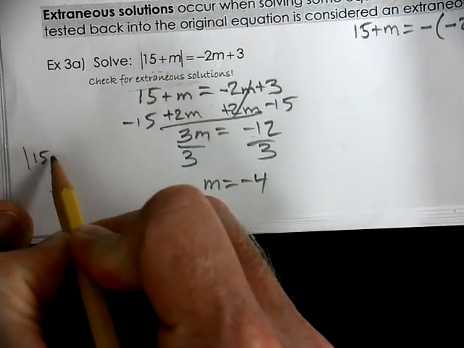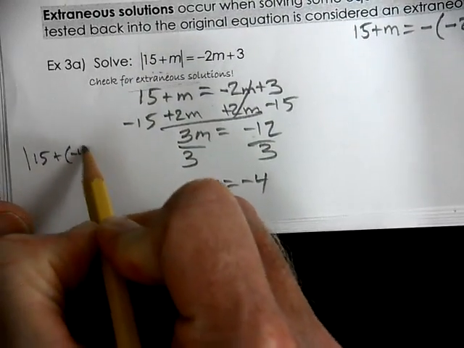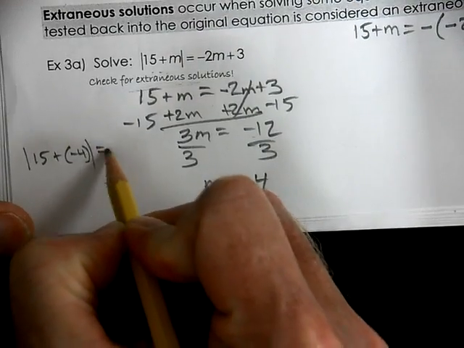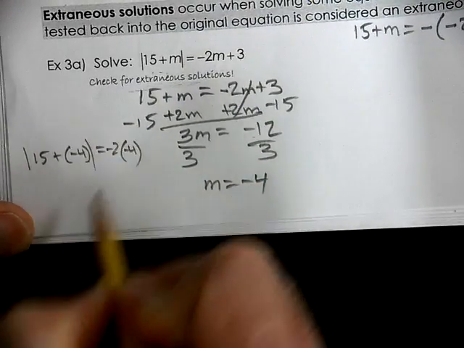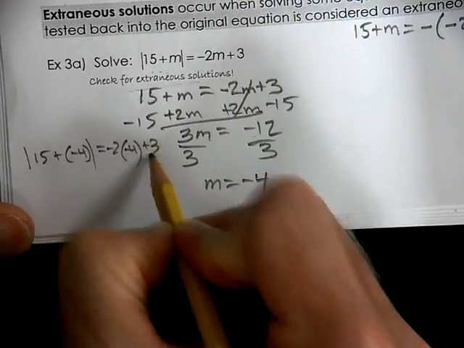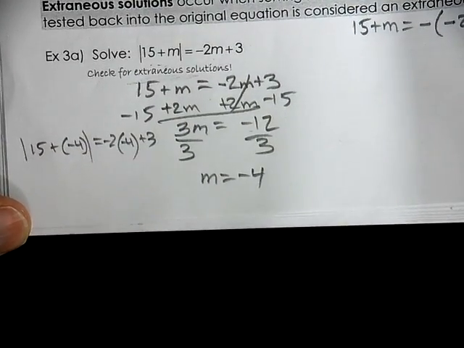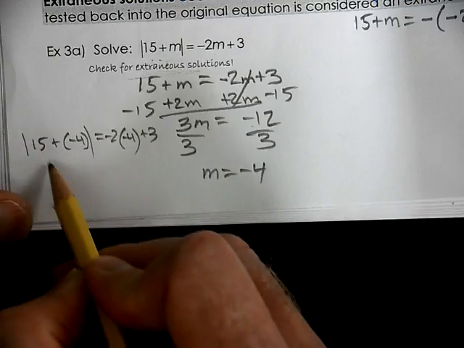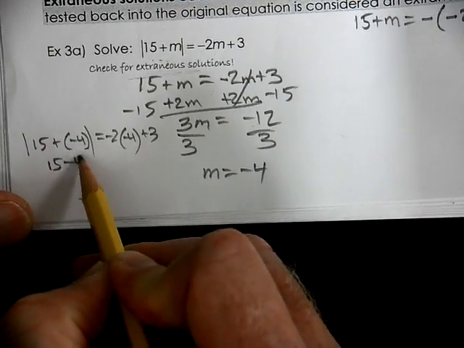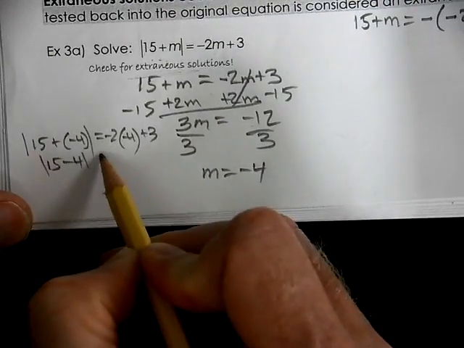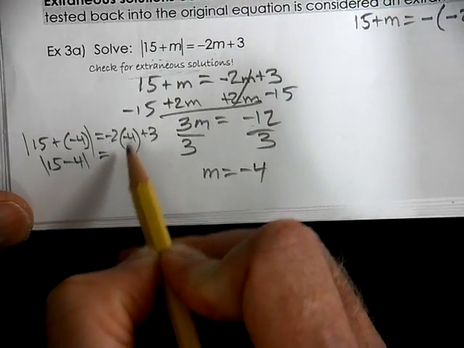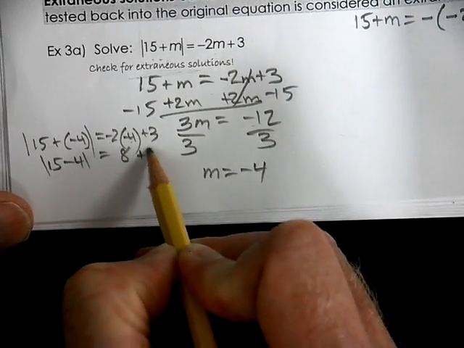Absolute value of 15 plus the negative 4 equals negative 2 times negative 4 plus 3. Does this actually work? So we get 15 minus 4, that's in absolute values. Negative 2 and negative 4 is 8 plus 3.